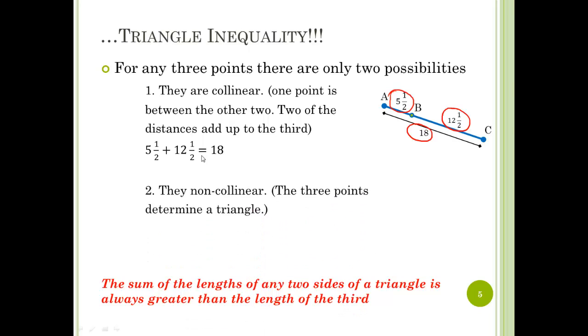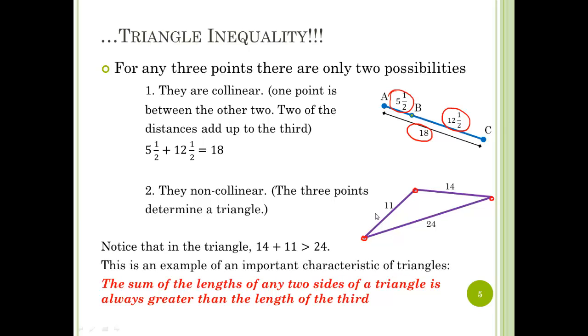The other option is that they are non-collinear. The 3 points determine a triangle. So if I have the 3 points here, obviously not collinear, so they would actually make a triangle when you connect the segments.